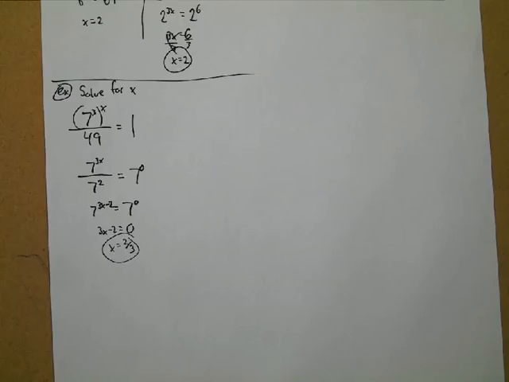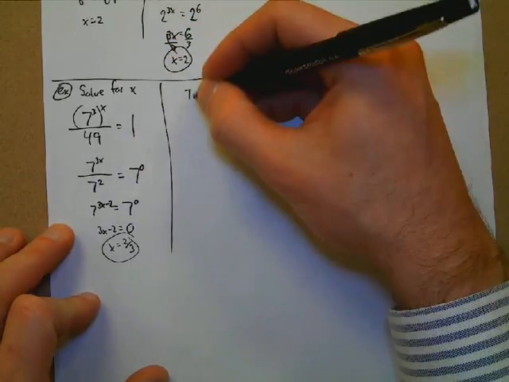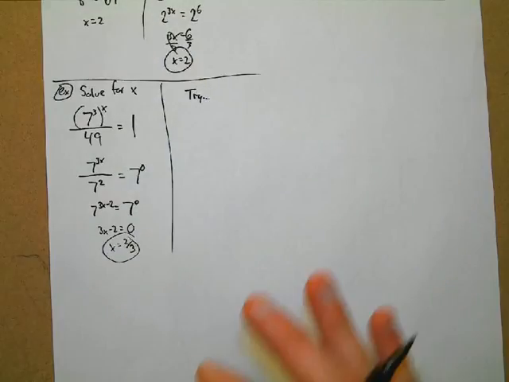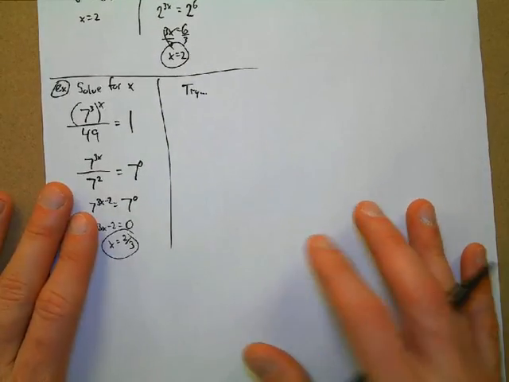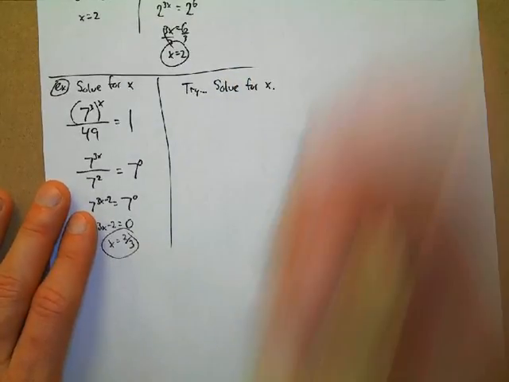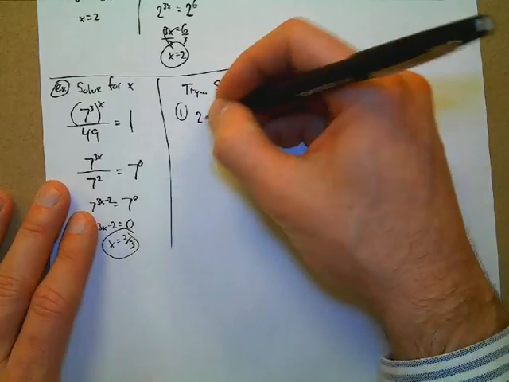Okay? So here, you guys try. Any questions? Eager to try one on your own? Solve for x. I'm going to give you 2. First one, 27 to the x equals the cube root of 81.